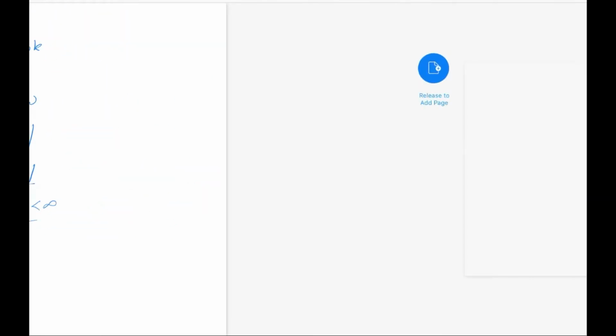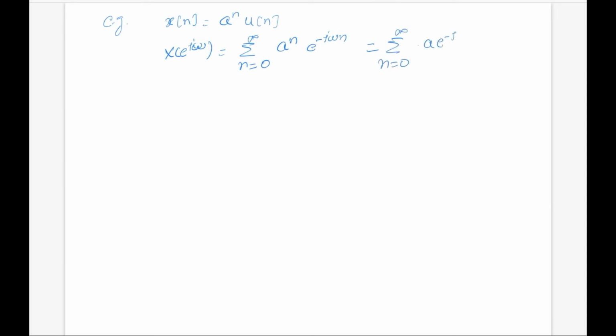Okay, so let's take an example. Let's take x[n] equal to an exponential multiplied by the unit step function. So its Fourier transform, I'll write, is the sum from n equals 0 to infinity, because this is u[n], of a times e to the minus j omega, to the whole power n.